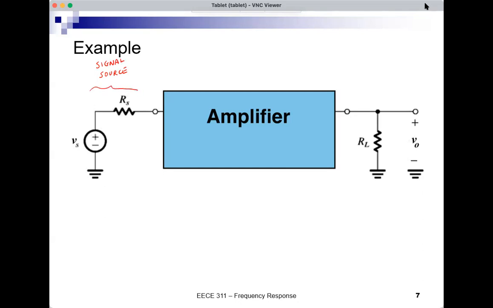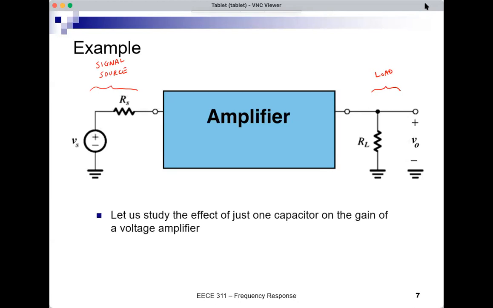The amplifier has an input and an output, and this is the load, and we're modeling the load as simply a resistor RL. So this is a regular voltage amplifier, and I want to just analyze the effect. If I have just one capacitor in the circuit, what happens? Does the output really change with frequency because of that one capacitor that I add?